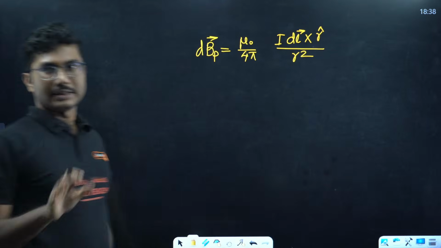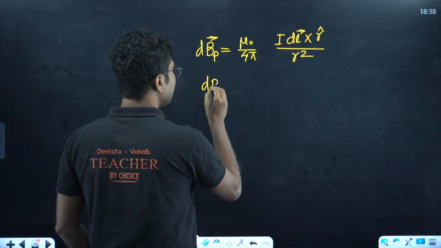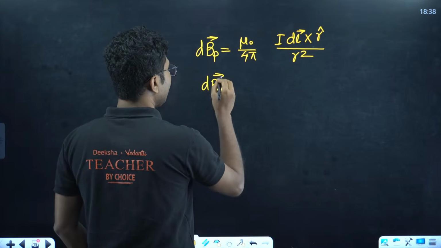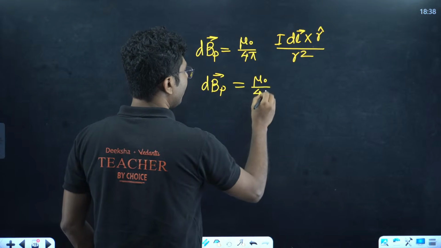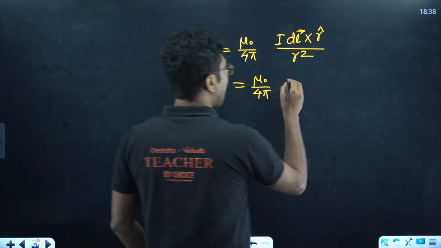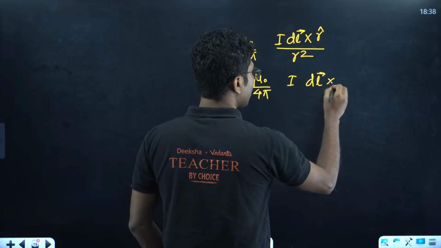This is the general form. Sometimes we also write it like this: dBp equals mu naught by 4 pi I dl cross r vector.